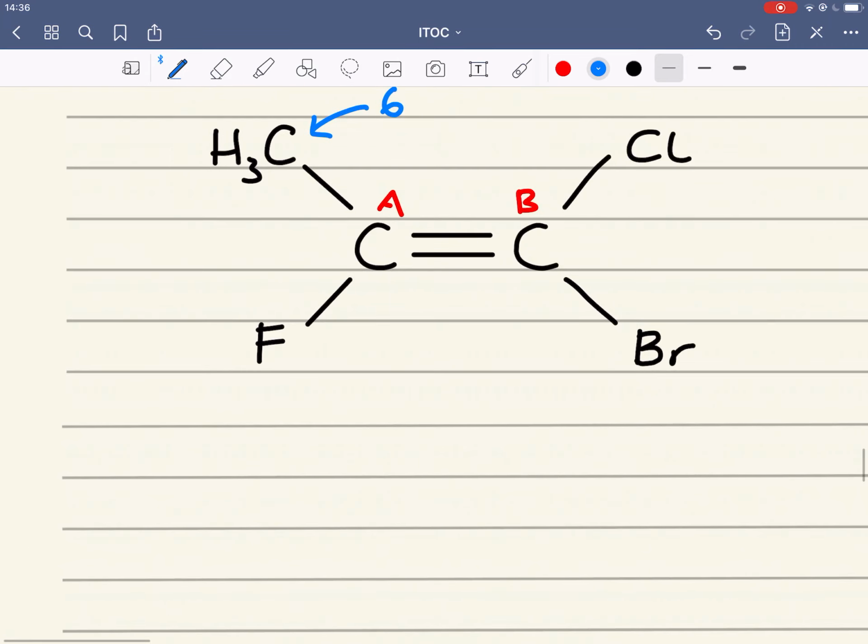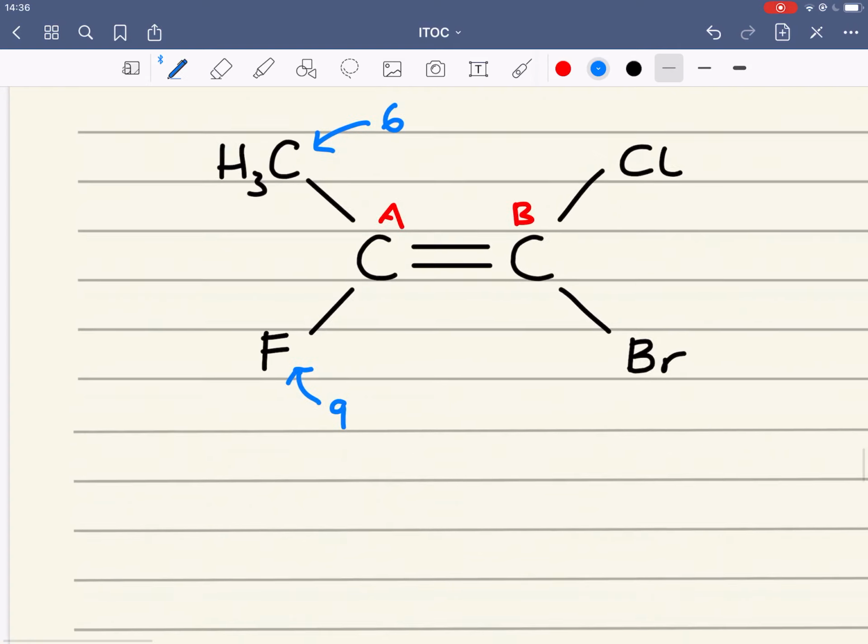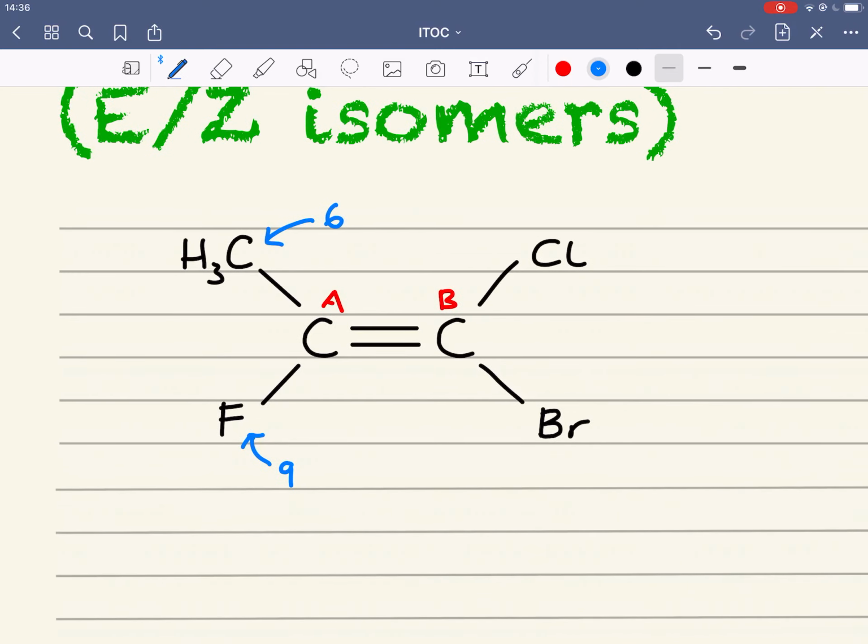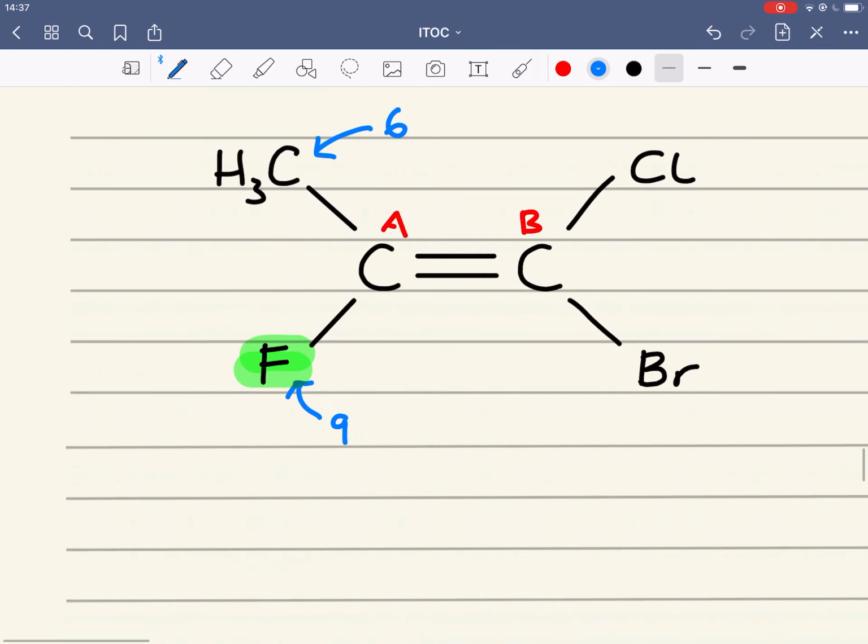I then look at the other atom bonded to carbon A, and that's a fluorine, and that's got an atomic number 9. The higher the atomic number, we say then the higher priority that group has. So we say that this here has got a high priority, and this group here has a low priority.